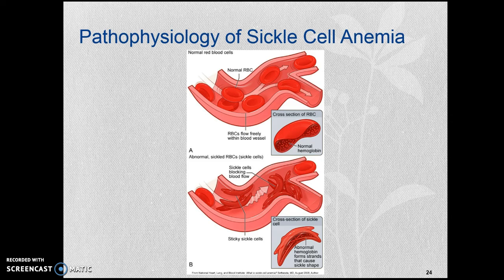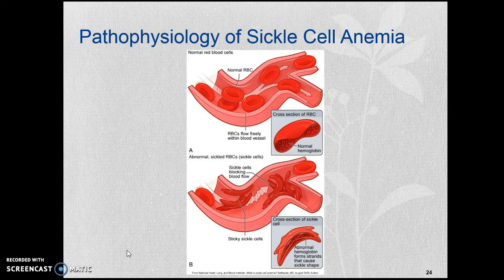But if they become slightly dehydrated or there's an infection and it pushes them into what's called a crisis, then all of a sudden, instead of the cells slipping and sliding over each other, you're going to see what is diagrammed here on the bottom, B.